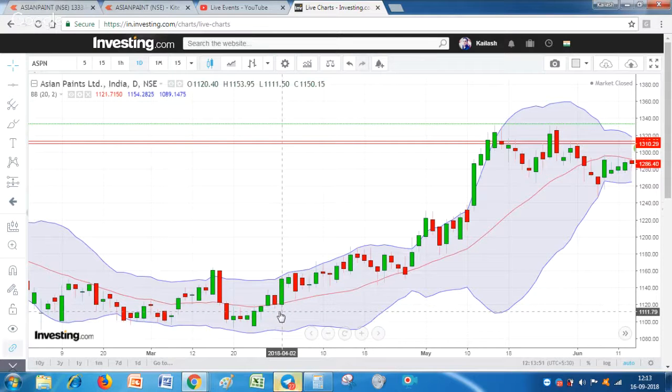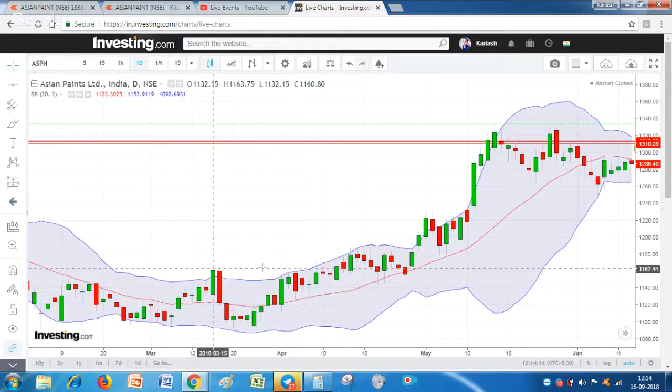And see after that how much move the stock has given us. The stock moved up to 1158 at this time. Friends, this is an ideal level where we would have booked our profit, because there is a previous level from which the stock has taken a reversal.